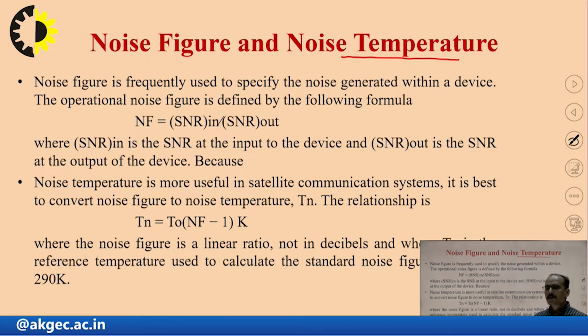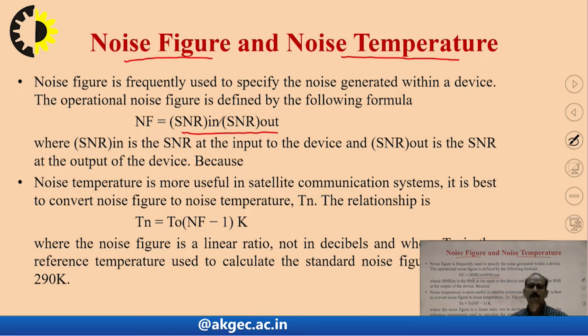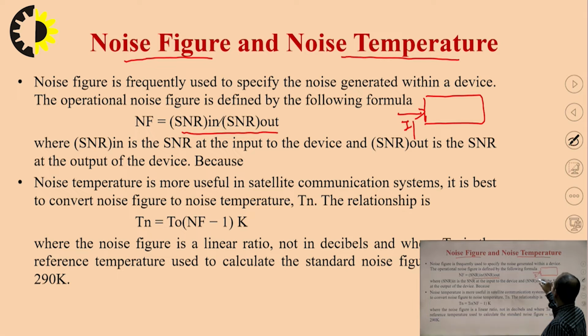Now, to understand the performance of any receiver or any system, we use a specific parameter that is called noise figure. This noise figure comes from the equation: input SNR upon output SNR. You are taking a receiver. This is your receiver, this is the input, and this is the output.